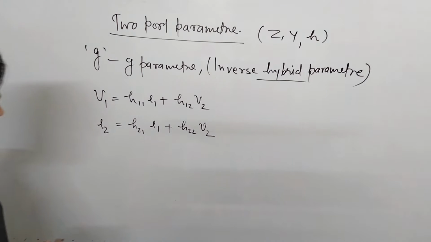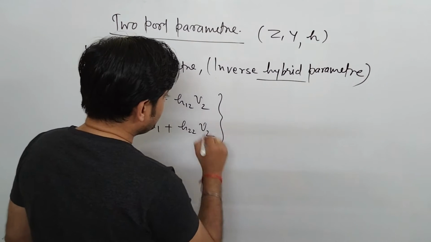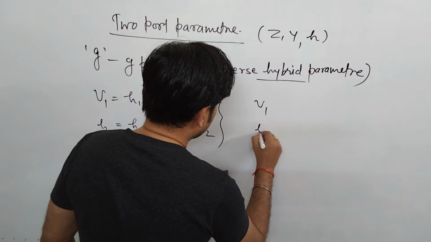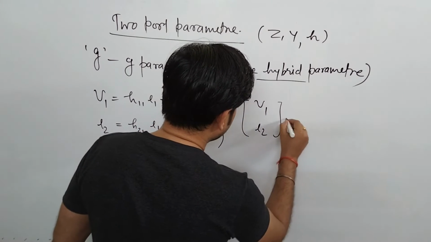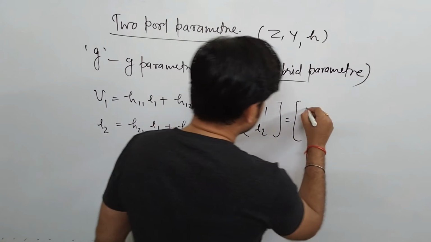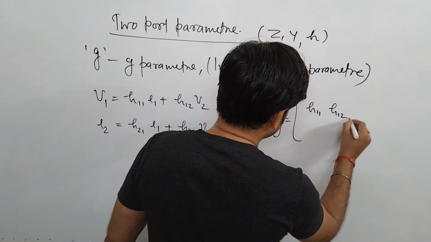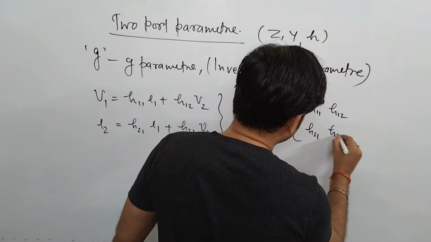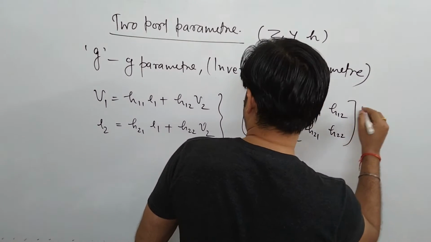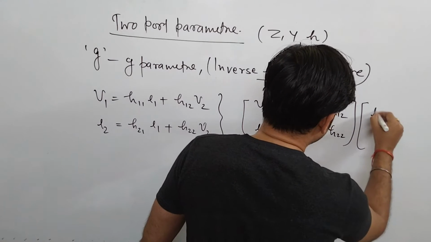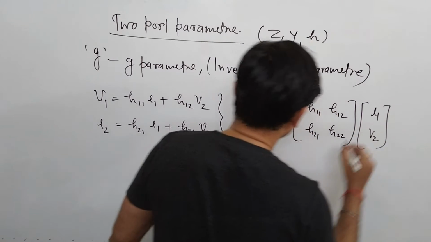So this was our H parameter equation. If I write it in matrix form, V1 and I2 is equal to the matrix H11 H12 H21 H22, times I1 and V2.